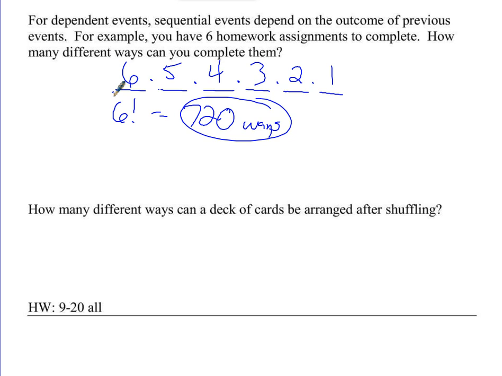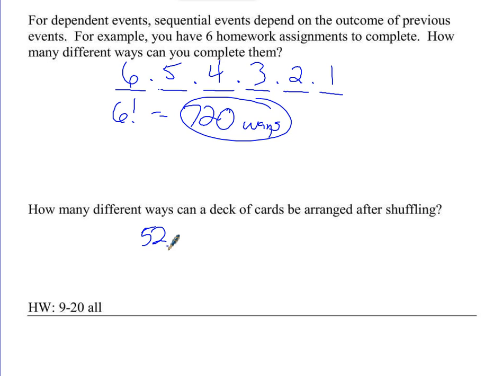All right, how many different ways can a deck of cards be arranged after shuffling? A lot of ways. 52 ways? 52 factorial ways. That's right. Because that top card in the deck can be one of how many cards? 52.